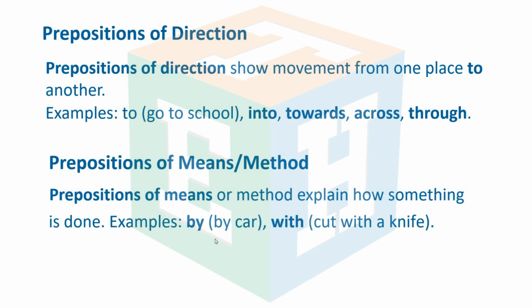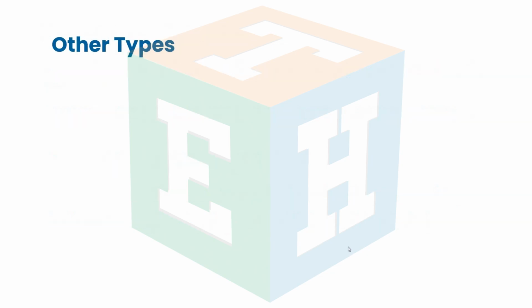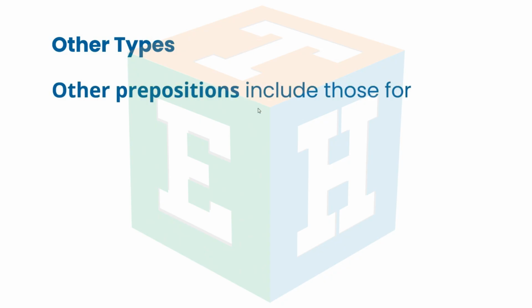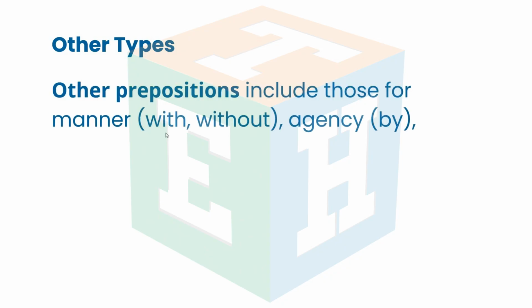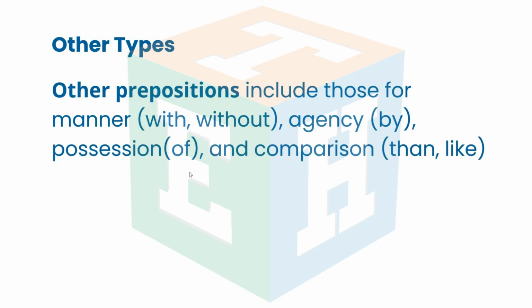Examples: by car, with, as in cut with a knife. Other types. Other prepositions include those for manner: with, without; agency: by; possession: of; and comparison: than, like.